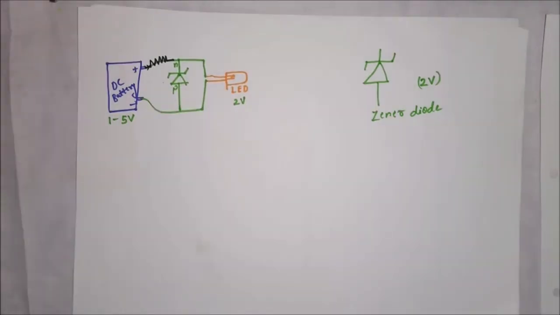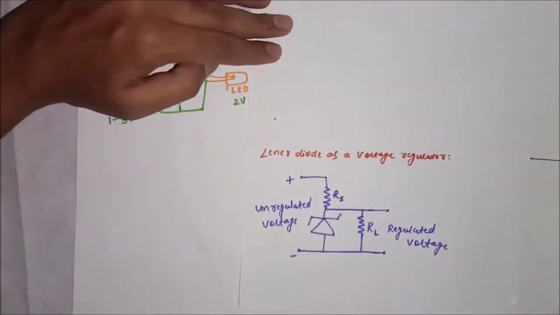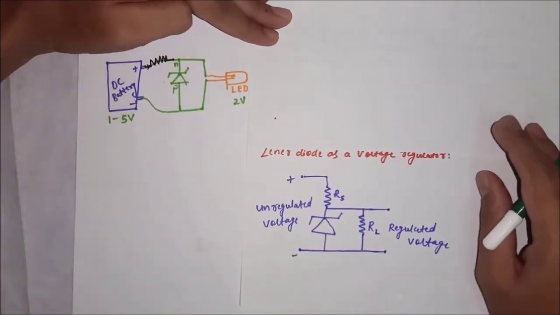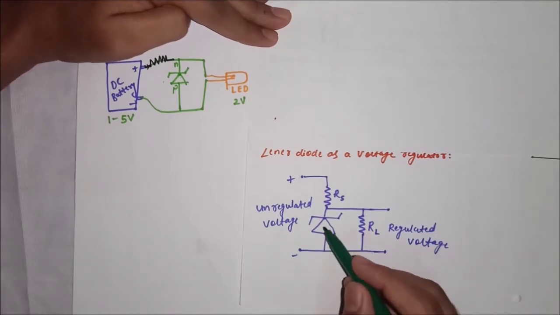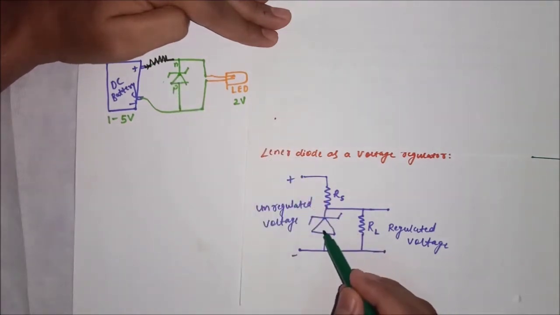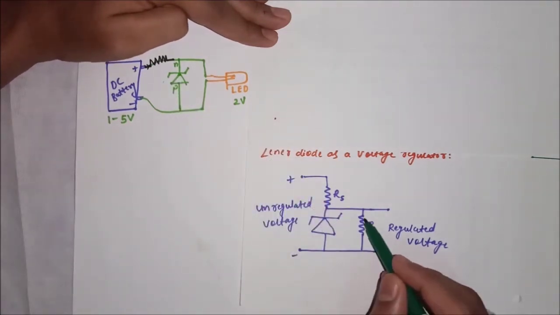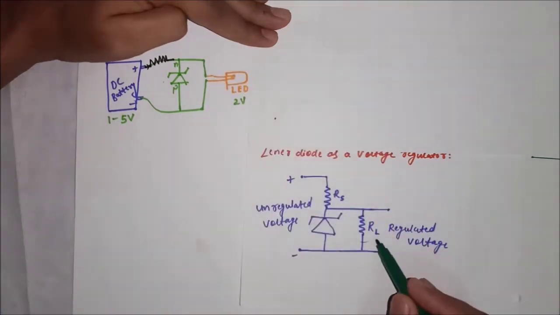Now I have the same kind of circuit here. Is it visible? Yes, the same circuit. This is a Zener diode I am using, in reverse bias. This load is the LED.